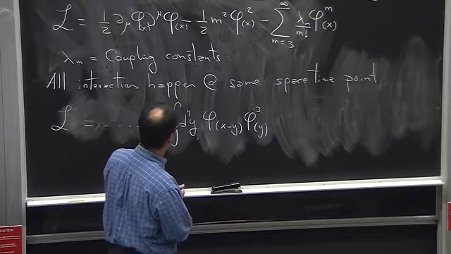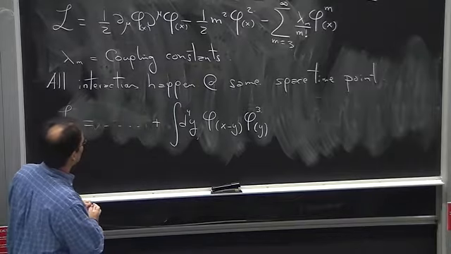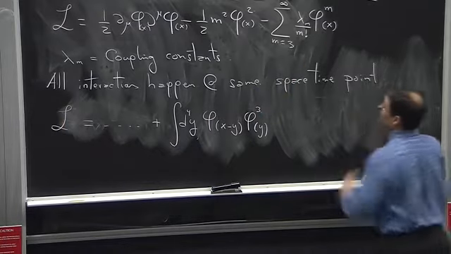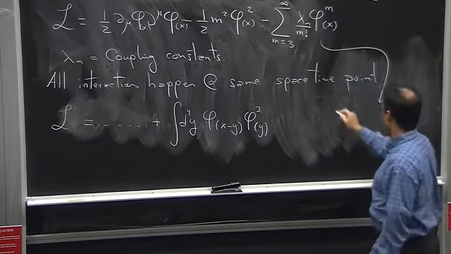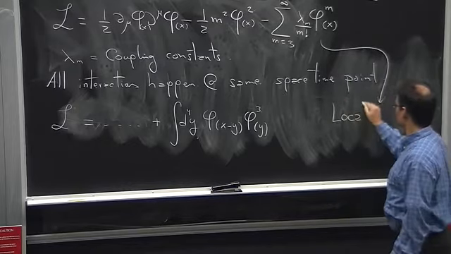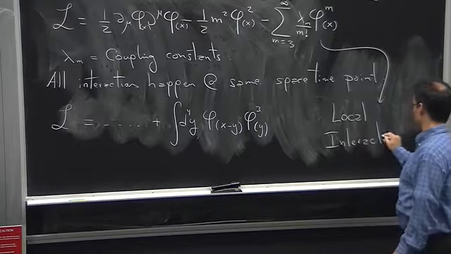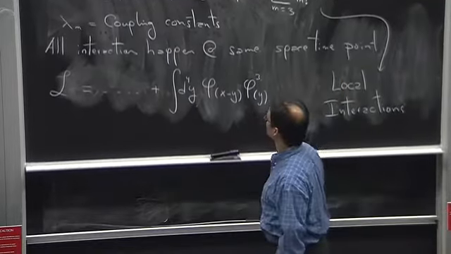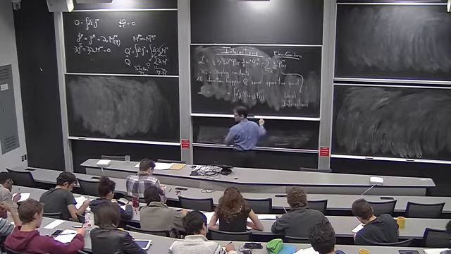Yeah, that would be a little crazy, but yeah, I could have done it. So about locality? Yes, so things like this, when we only add terms like this, we say that we're adding local interactions. Okay? Very good. So we have our local interactions.